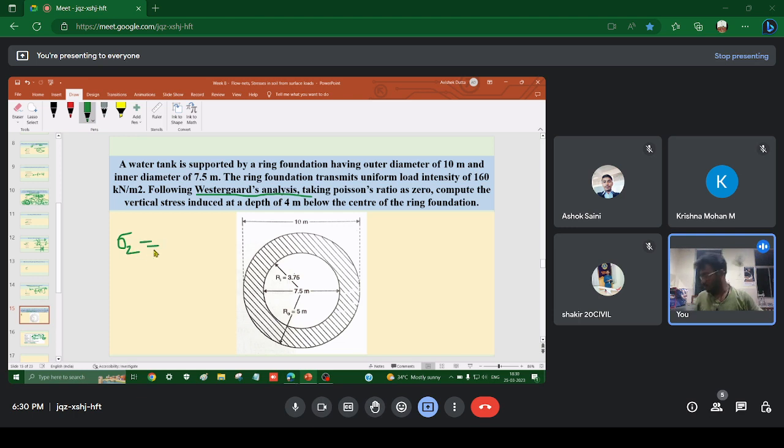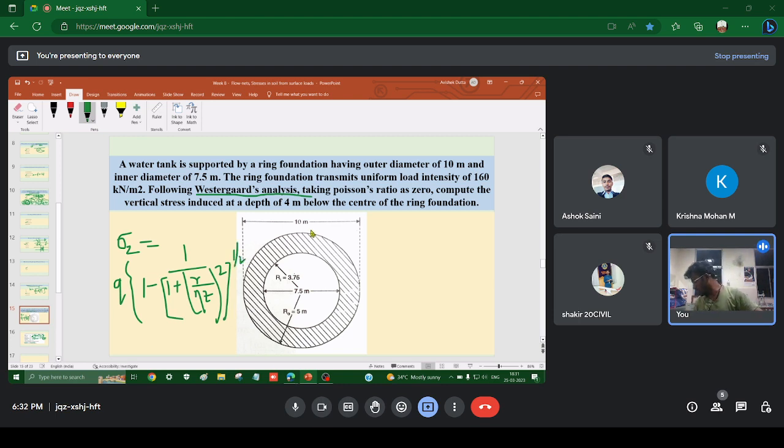Sigma z will be equal to q, that is the load intensity, into 1 minus 1 by 1 plus r by eta z, whole square, and this whole thing to the power 1 by 2. Okay, this is the formula.